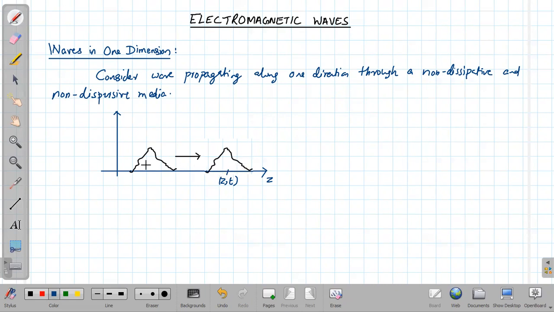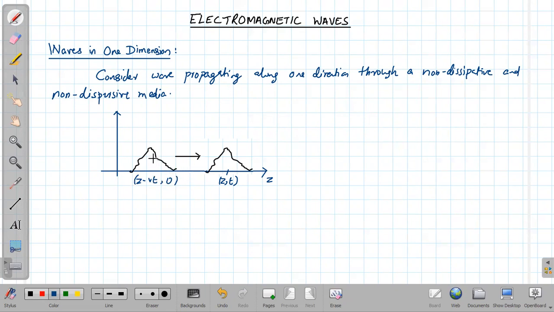Now this shape must have come from the previous position. Suppose the wave is propagating in the positive z direction, then this shape must have started from z minus vt at time 0.